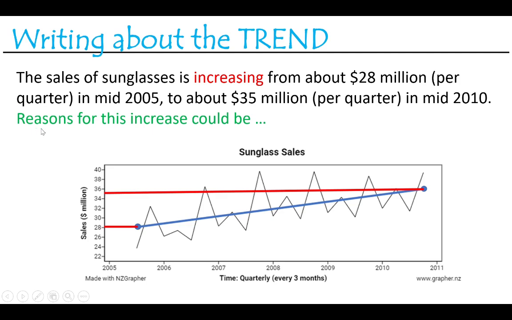So what you can say is the sales of sunglasses is increasing from about 28 million per quarter in mid-2005 to about 35 million per quarter in mid-2010. Reasons for this increase could be, I don't know, fashion trend changed, or income increase, or maybe the sun getting hotter, whatever. The sun doesn't get hotter, maybe the summer is getting hotter, right?